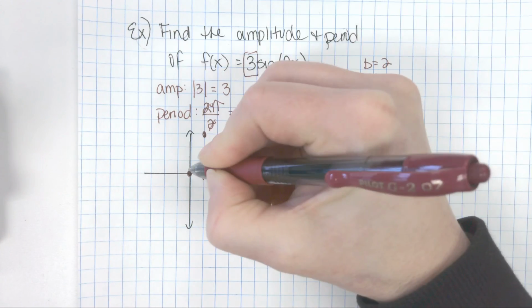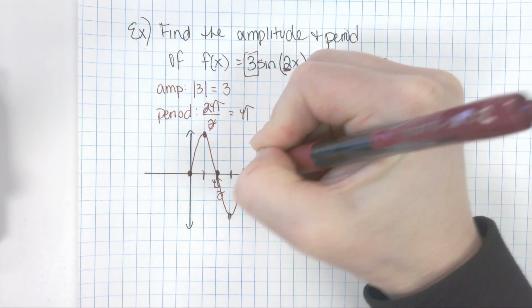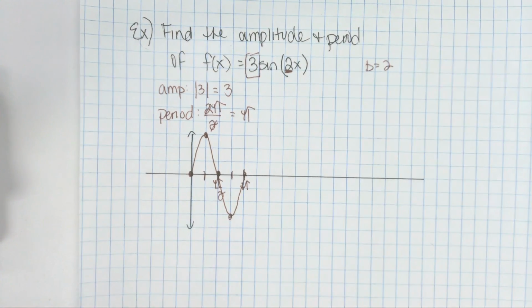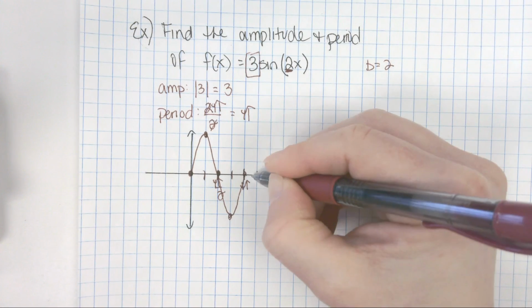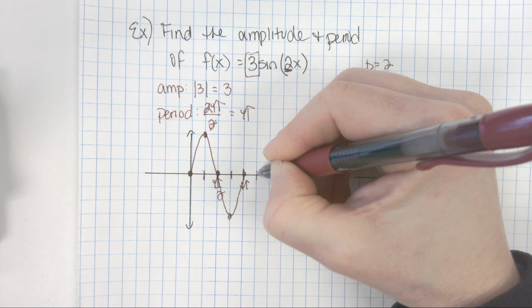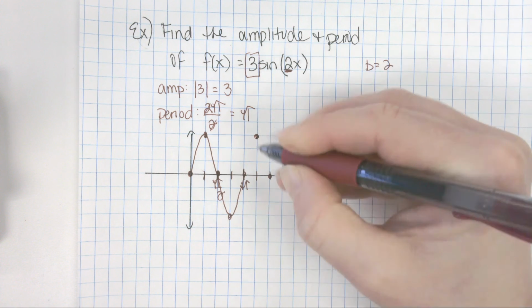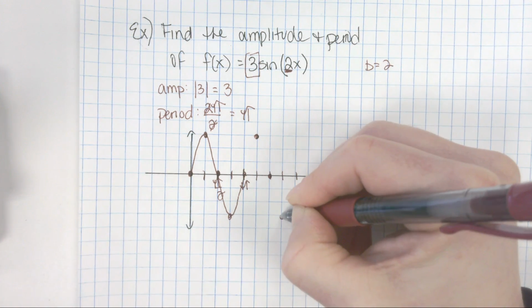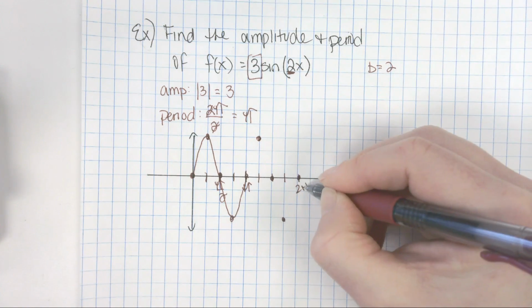So it looks something like this. I could do it again. One more. Keep going. There, that was pi. Now I'd be at 2 pi.